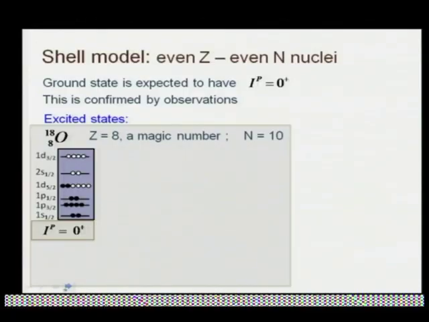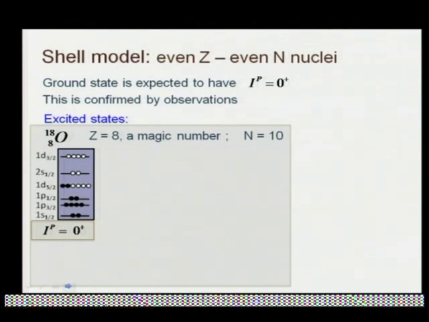And let us look at the excited states. Consider the example of oxygen 18. Z is 8, which is a magic number, and therefore, we think that will not come into play when the properties of the nucleus are concerned, especially in the case of excited states. But the neutron number is 10 in this case.